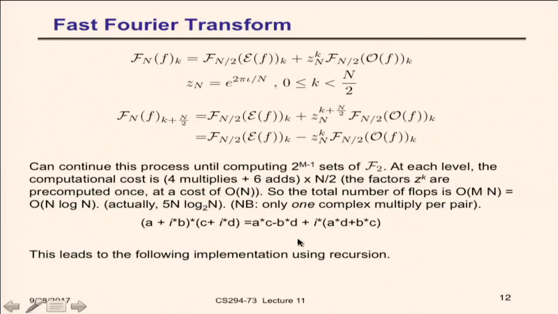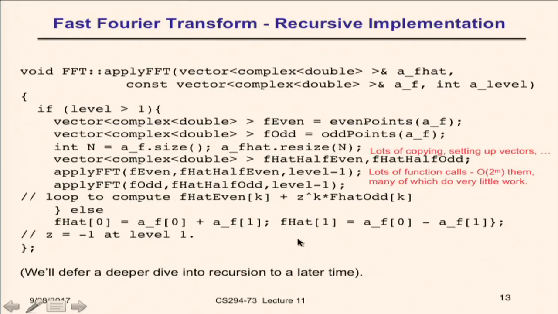So this leads to an implementation like this that uses recursion. So let's say I wanted to build an FFT class, and here's a way of implementing apply FFT. So I take a vector of complexes as what's going to be my output, and a const vector of complexes that are going to be my inputs, and then something that tracks what level I'm on.